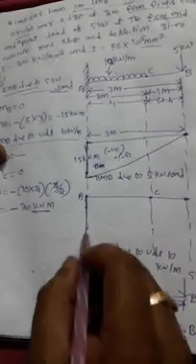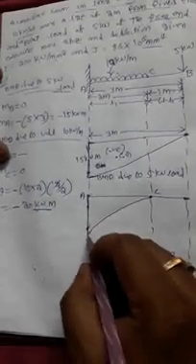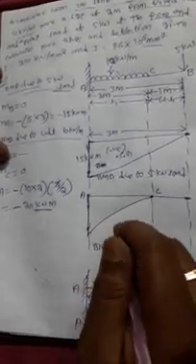So for this UDL load, the diagram is in the form of a parabolic shape meeting the points at C and A, not in the form of an inclined line. This is the negative sign and this is the center of gravity point for this parabolic diagram.